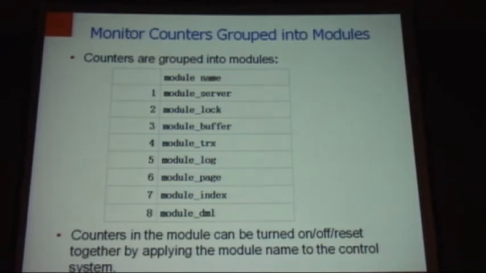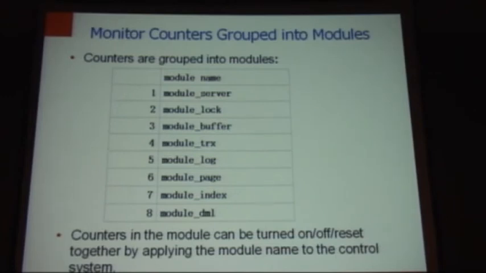And the counters are actually grouped into modules. So we have about 8 modules for now. We have module server, which is more for the metadata, like table open is part of the module server. And you have module lock, which gives you information on how many deadlocks you have, how many lock timeouts you have in the last period.